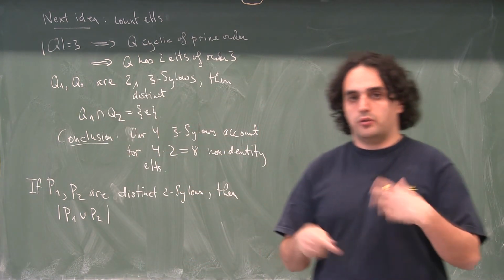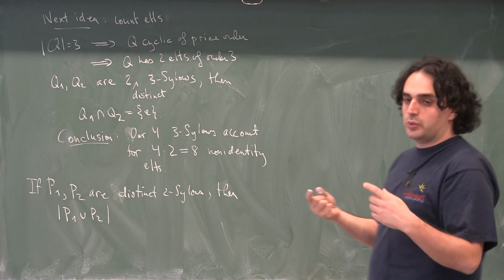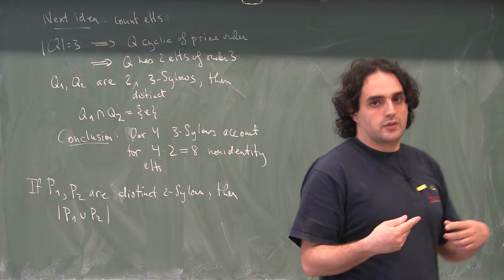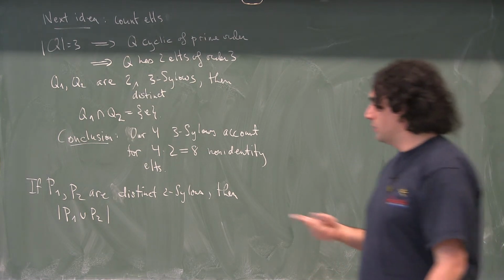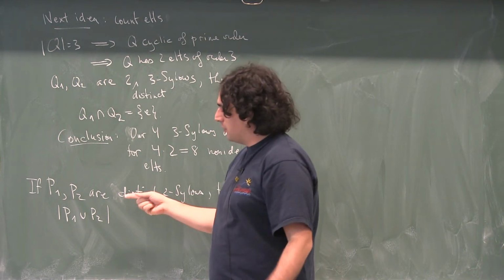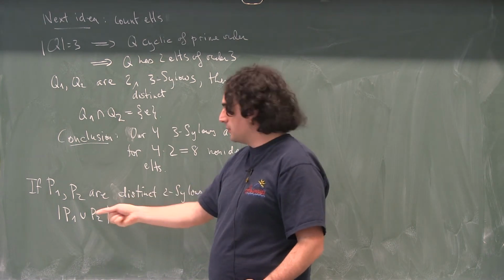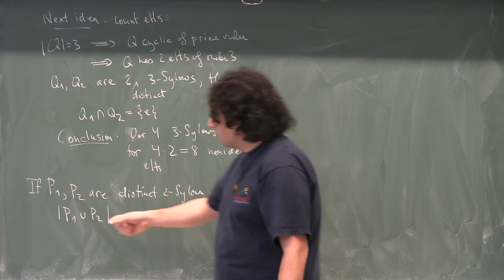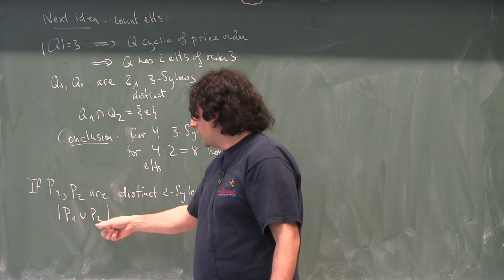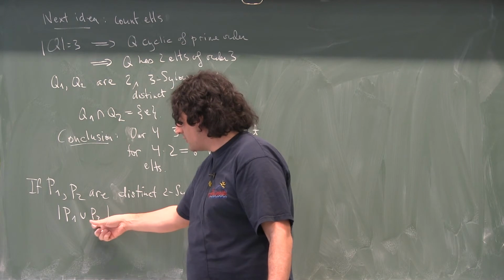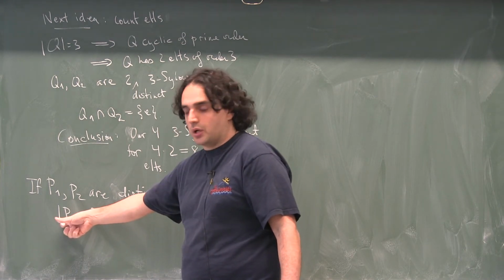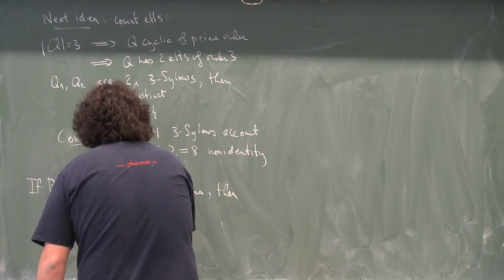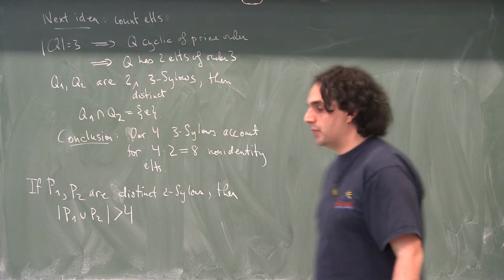We can't use the argument about prime order. P1 and P2 might intersect in the identity, or in a subgroup of order 2, which divides 4. But the intersection cannot have 4 elements, because that would mean they are not distinct. So because they're distinct, there must be something in P2 that's not in P1. That means the union has strictly greater than 4 elements.